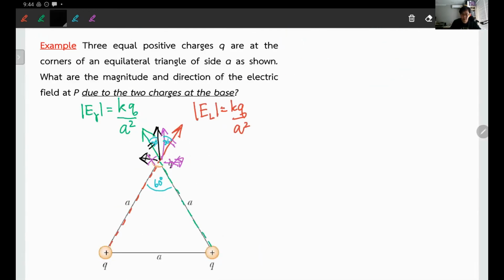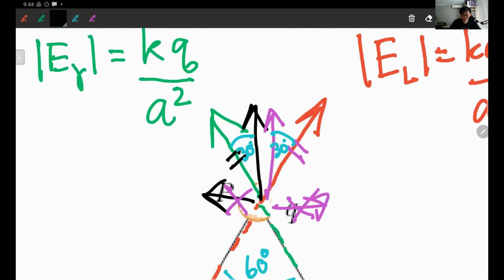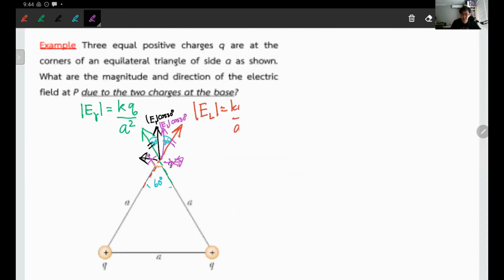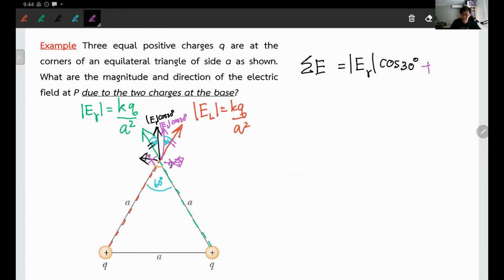So the conclusion is the net electric field is going to be E on the right cosine 30. You guys with me? I want just the vertical components. On the left, this is E sub R cosine 30, and this is going to be E sub L cosine 30. These are the vertical components of these two vectors, so I'm just going to add them.